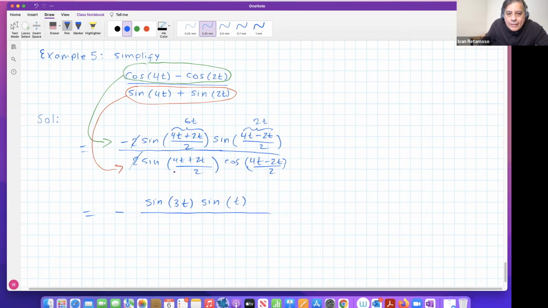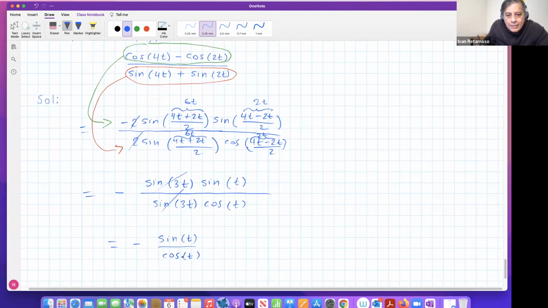Similarly here, 4t plus 2t, 6t. 2 into 6t, 3t. Cosine of 4t minus 2t is just 2t. 2 into 2t, just t. This guy cancels with this guy. Final answer: minus sine of t over cosine of t.